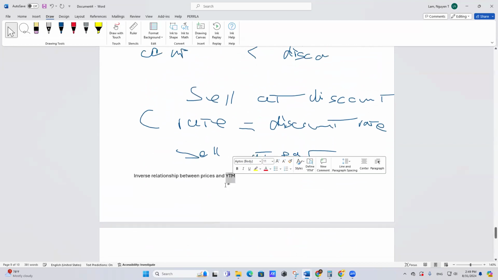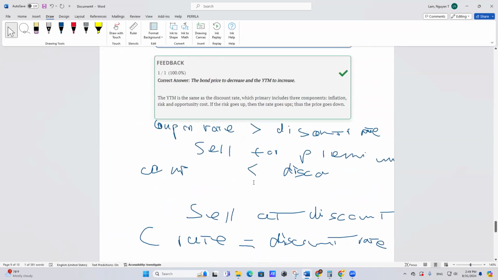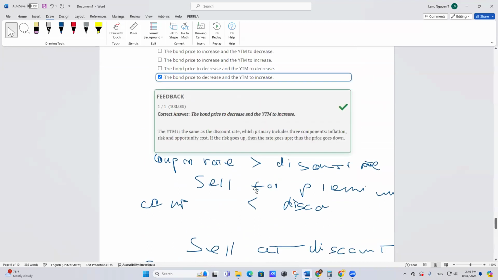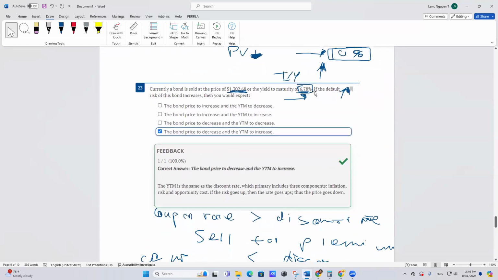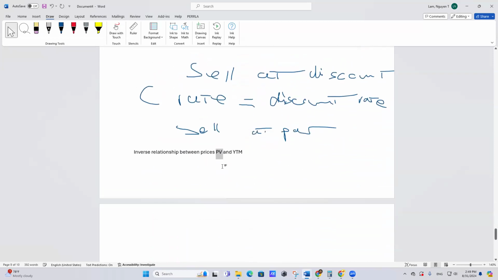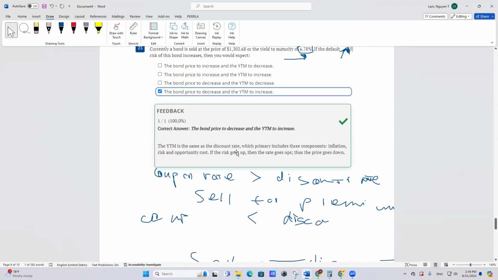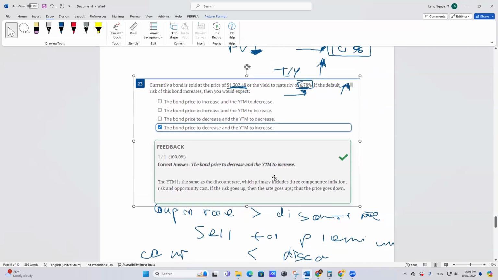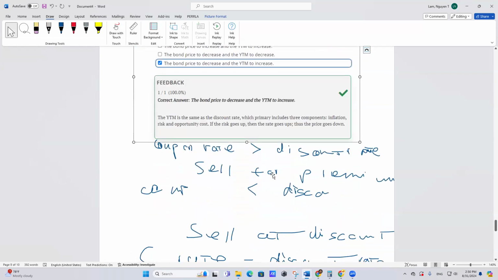So if yield to maturity increases, then price decreases, right? Price, aka present value. So it makes sense right here. If the risk increases, therefore I want a higher yield to maturity. If the yield to maturity increases, what did I say? Present value decreases, right? The bond price decreases and yield to maturity increases.